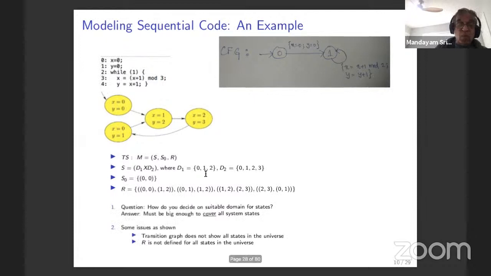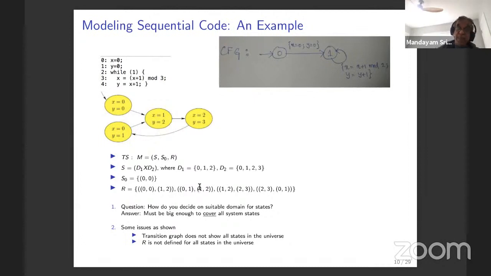But in general, you won't be able to do that. How do you decide on a suitable domain for states? Okay, they must be big enough to cover all possible system states. So here I was clever. I knew what the system was, and somehow I guessed these things. So I was cheating.